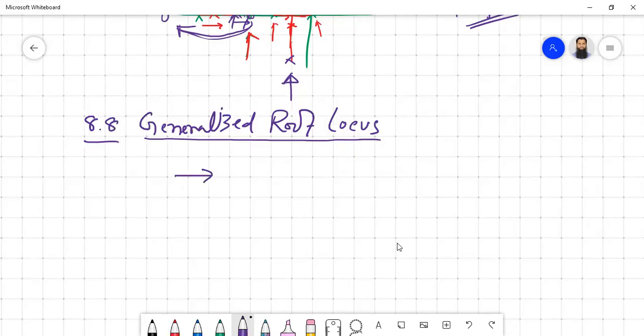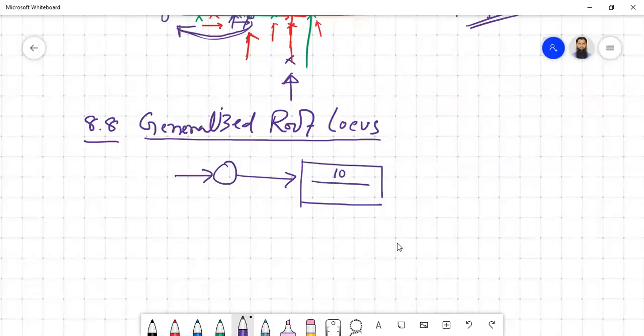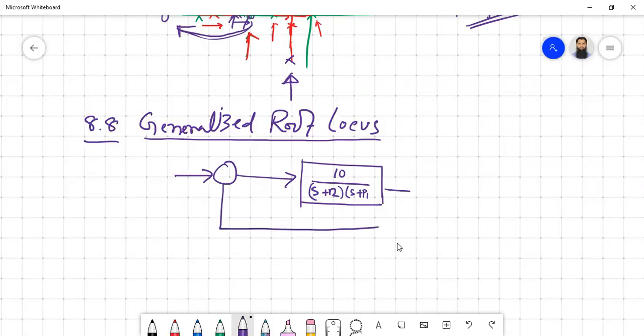Say we have a transfer function like this: 10 divided by s plus 2, s plus p1. Then you have unity feedback again, C(s), this is R(s).